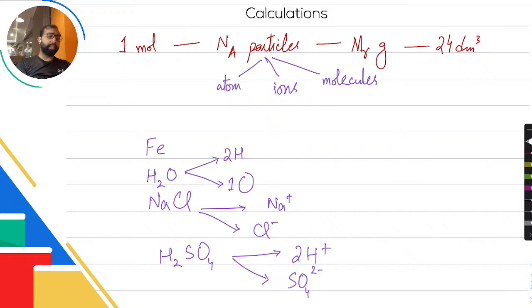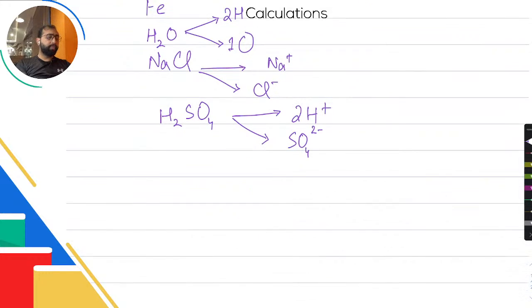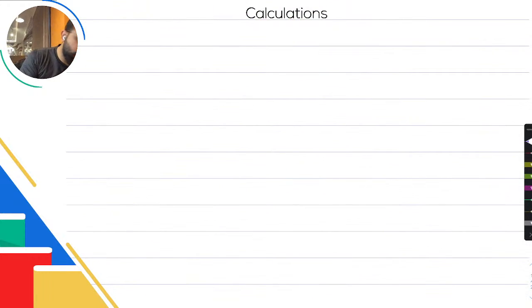The second point that we wanted to talk about was, what if we do not know the MR? Can it still help us? And for that, we have a method and we have to understand that technique, which is called finding the empirical formula. Now, things we show, we communicate in terms of different formulas.